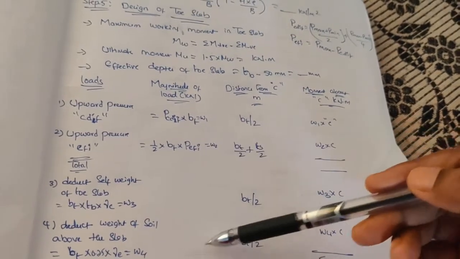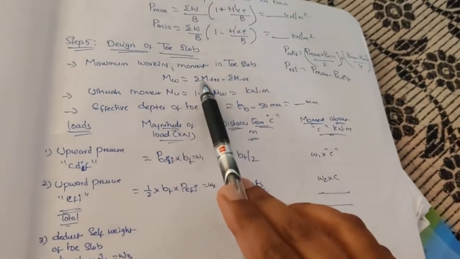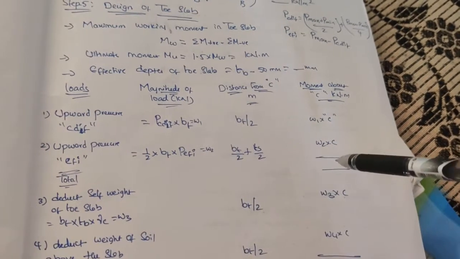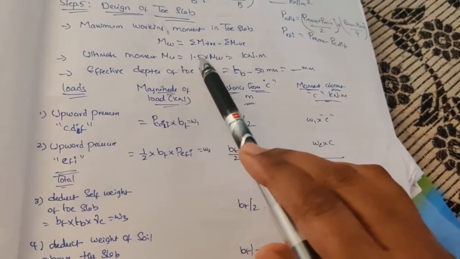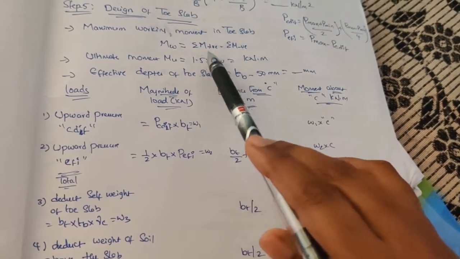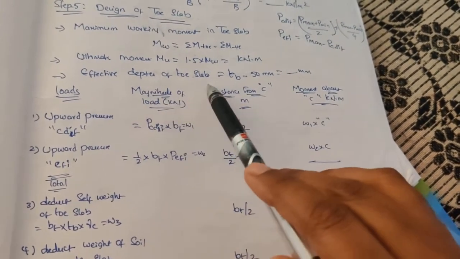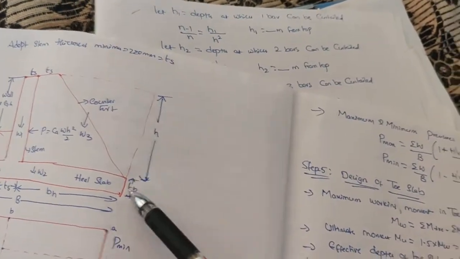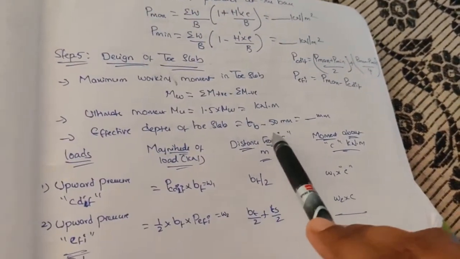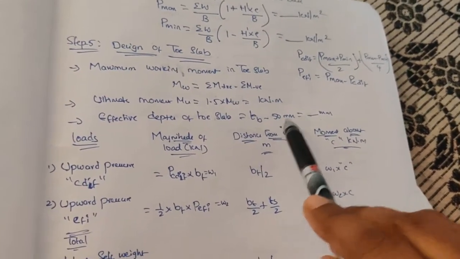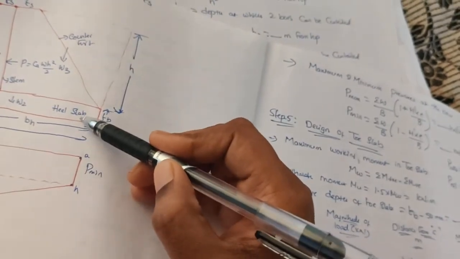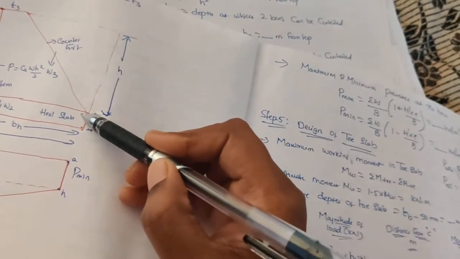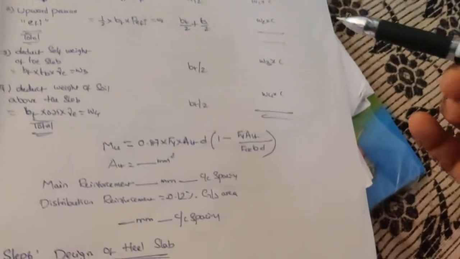After finding sigma W and sigma M, the maximum working moment is equal to positive moments minus negative moments, and the ultimate moment means 1.5 into the working moment. For the effective depth of the toe slab, whatever thickness is there for the slab, minus the effective cover, 50 mm minimum cover, then you will get the effective depth of the toe slab. That means when you are providing the reinforcement, you will provide the cover a little, above 25, below 25.